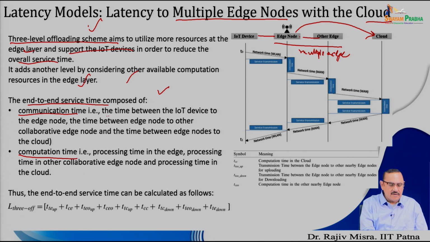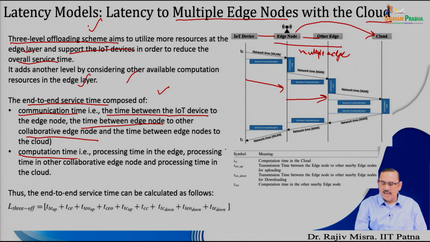Communication time is the time between the IoT device and the edge node, and the time between the edge nodes and the other collaborative edge nodes, and the time between the edge node and the cloud. So, there are 3 different communication delays involved in this generic model, which contains multiple edge nodes with the cloud.